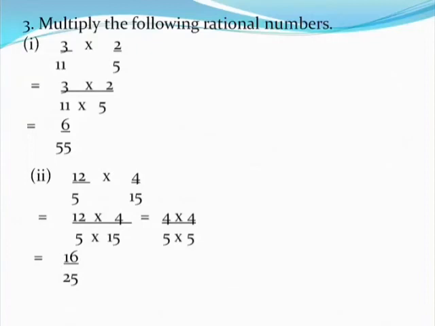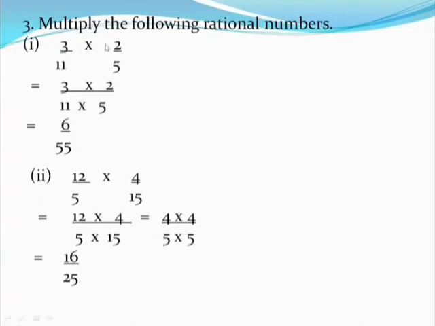Question number 3. Multiply the following rational numbers. Here, children, this is the simplest operation of rational numbers, where you have to directly multiply the numerator with the numerator and denominator with the denominator. So look at the first example, 3 upon 11 multiplied by 2 upon 5.